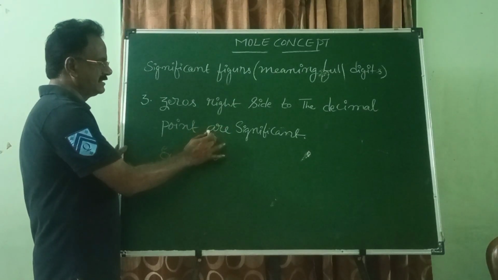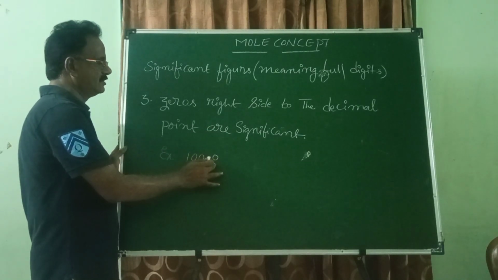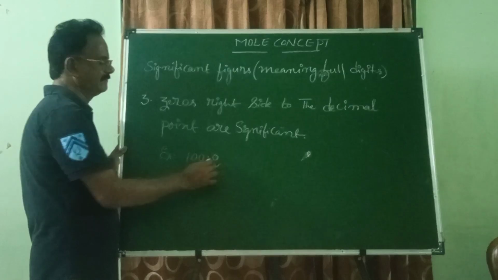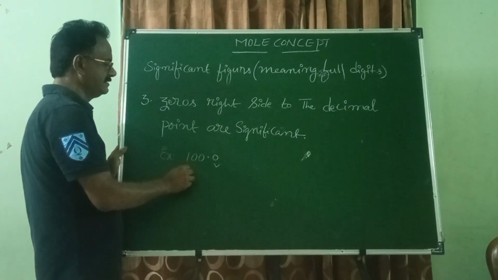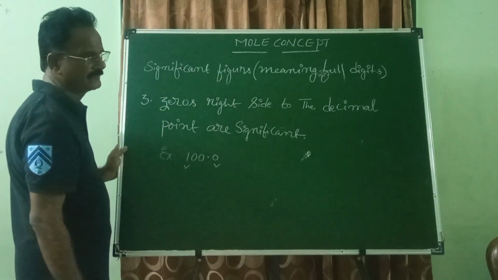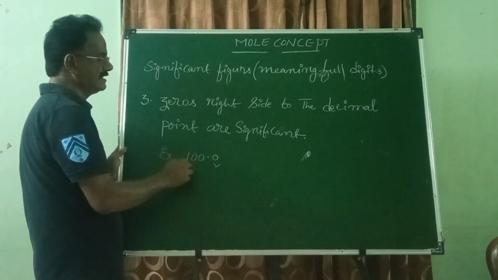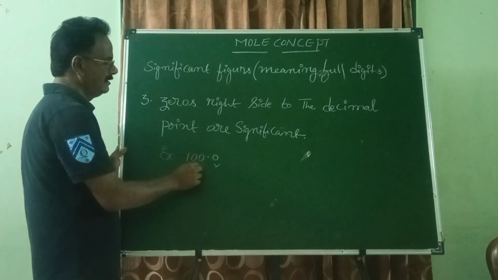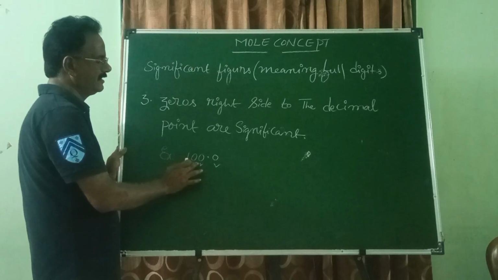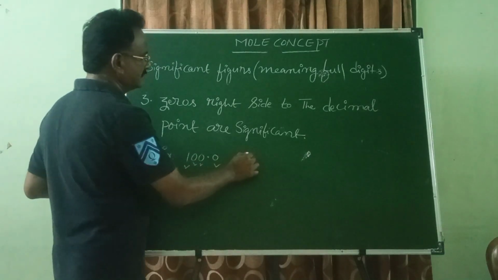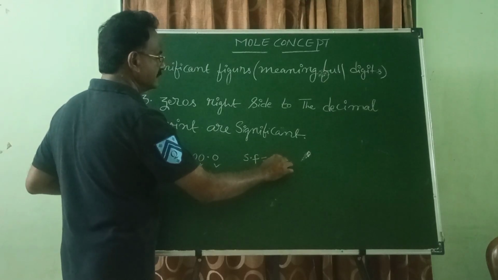The 0 right side to the decimal point is significant. 1 is a non-zero digit, so it is a significant figure. The zeros in between two significant figures are also significant. So 100.0 has 4 significant figures.